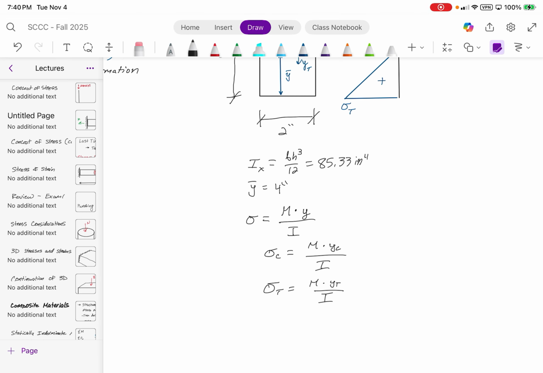Now, there's one more step that we can really take to simplify the calculations. When we have symmetric shapes, Yc and Yt are always going to be equal, right? Because the neutral axis is just at the center of the beam. So we just default it by saying that Yc equals Yt.